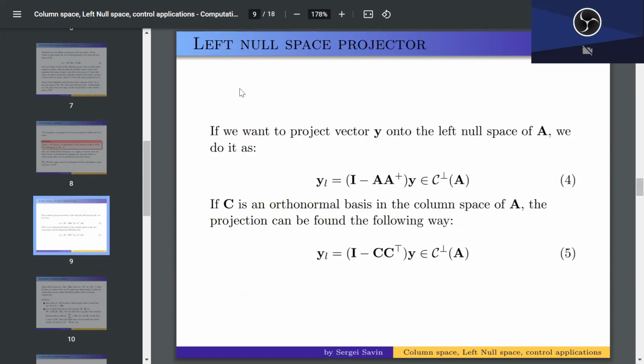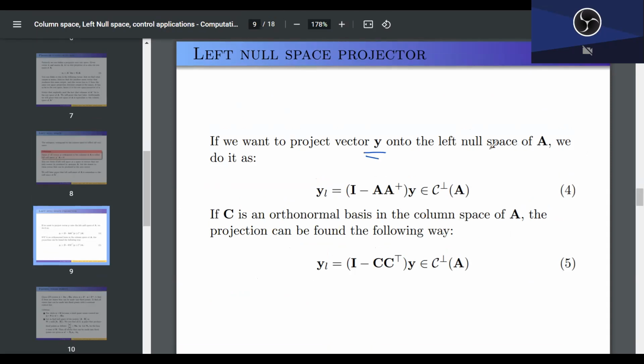Now we can project vector y onto the left null space of A. How do we do it? Well, we know how to project y onto the column space of A. That would be the pseudo inverse of A times y. That will be the projection onto the column space.